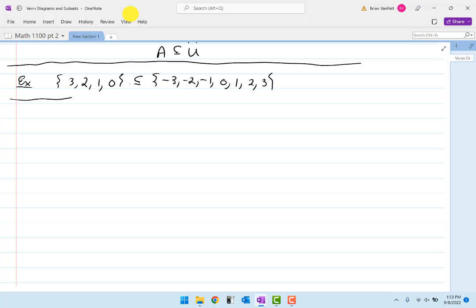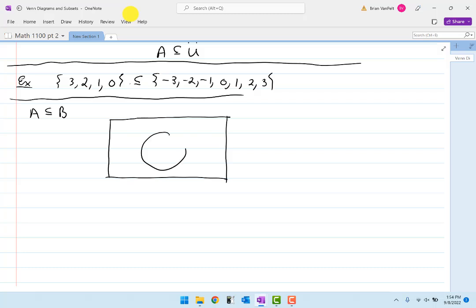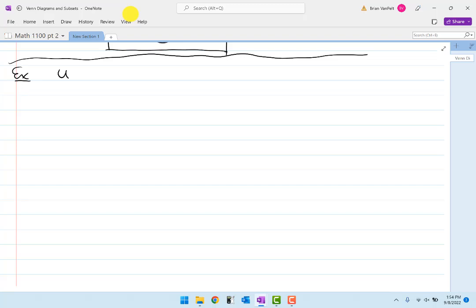Pictures. If I have something like A is a subset of B, when I draw a picture of the situation, I might draw it like this. B here, and then I might put A inside of it. Don't forget your U up in the corner, though. Let's let U this time be the days of the week, but I'm just going to write it with letters.